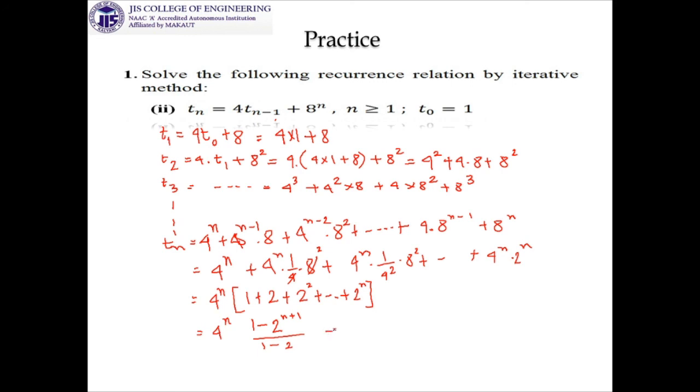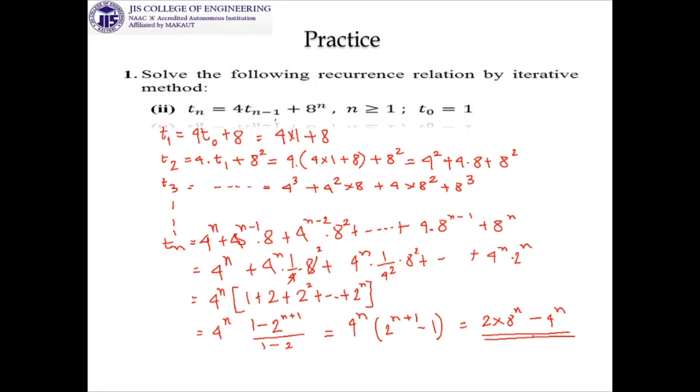So you can write it as 4 to the power n into 2 to the power n plus 1 minus 1. After simplification, we can write it as 2 into 8 to the power n minus 4 to the power n, because here 2 to the power n and 4 to the power n are combined, so it is 8 to the power n into 2. So this is our result, what we are actually looking for.